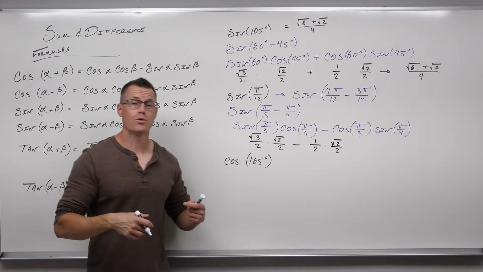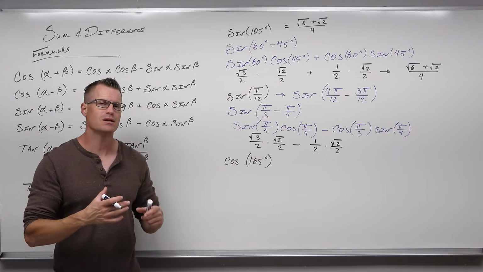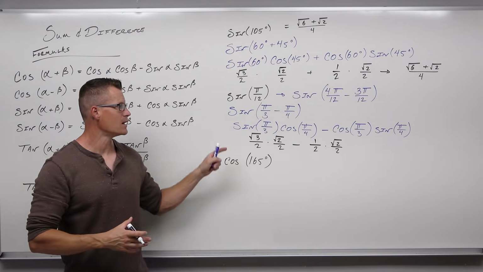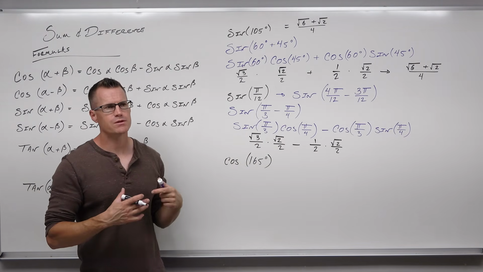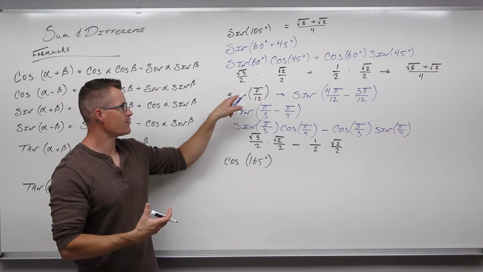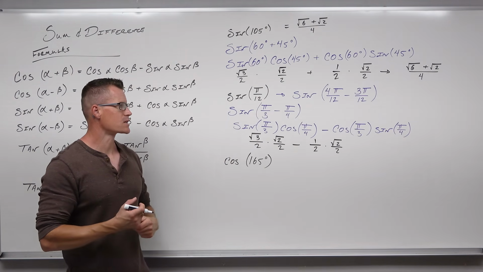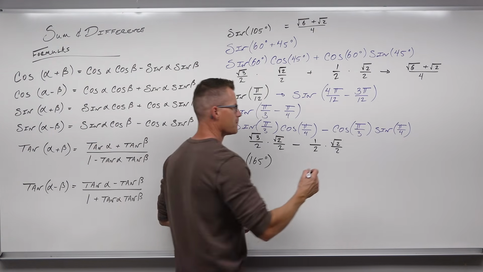And sine of pi over 4 is square root 2 over 2. We should be getting pretty good at either memorizing or having the unit circle really handy so that we can find those on there. Most of them, when we're using this, are simple angles because that's how we're intending to be. If you can't find that one, make it easy so that you can. This is going to give us square root 6 minus square root 2 over 4.